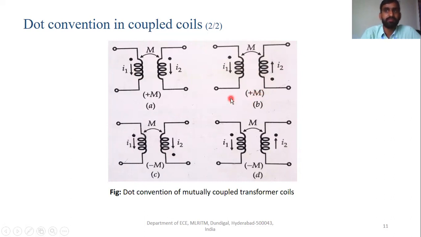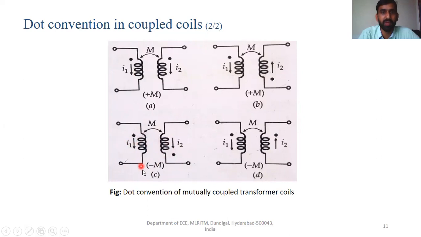So now coming to figure C. Here you can look into this. In the left side of the coil, the current is leaving the dot. In the right side of the coil, the current is entering the dot. If both are opposite, the magnetic flux associated with each coil is going to act opposite.